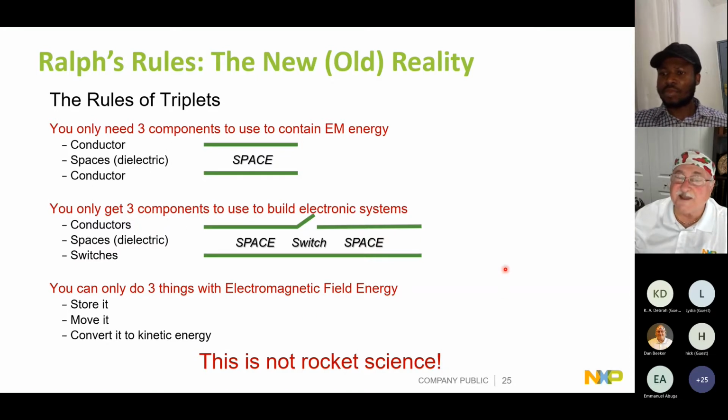This is really simple, and they made it so confusing that everybody makes bad decisions in their designs. If you can take this and convince yourself that this is the reality, then you're going to find that your systems will work properly.